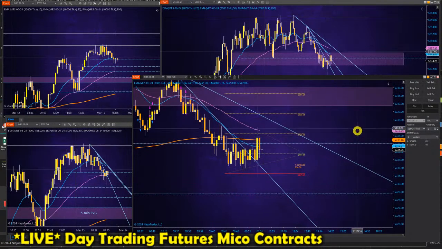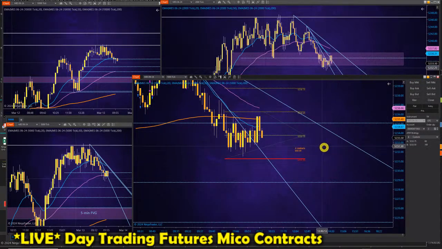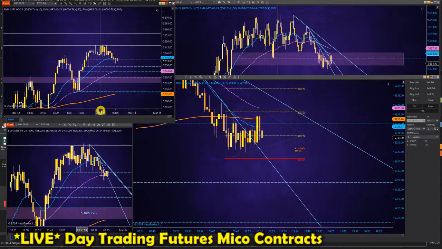It does look interesting, I will tell you that. I'd like to see if it comes down a little bit more. Yeah, see, it doesn't have its mind made up yet. I'm watching this 10,000 tick chart over here on the top left.